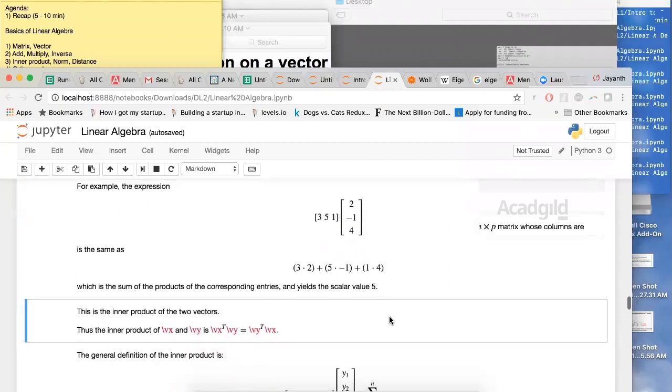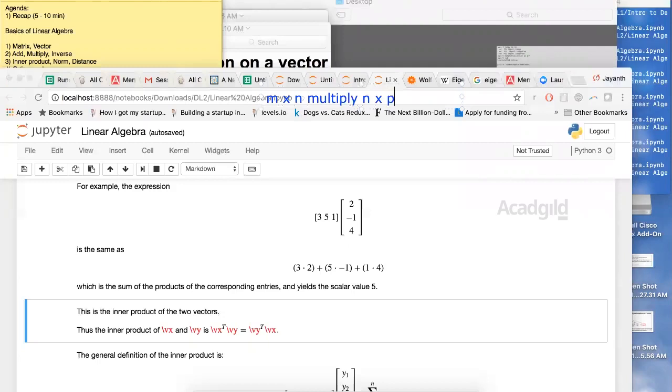Inner product, and recall that for a matrix m cross n, if I need to multiply it with a new matrix n cross p, I need to have the number of columns, which is n, the same as the number of rows.